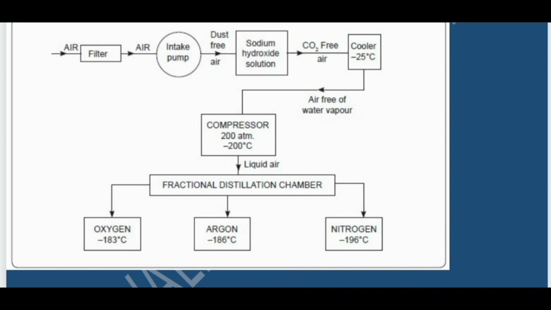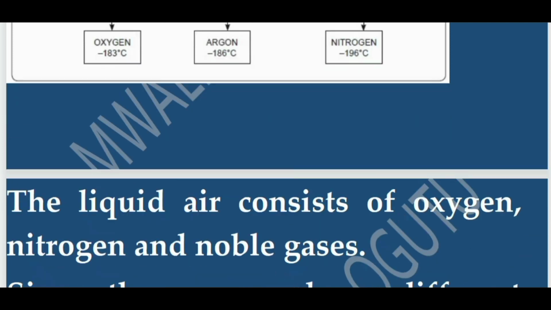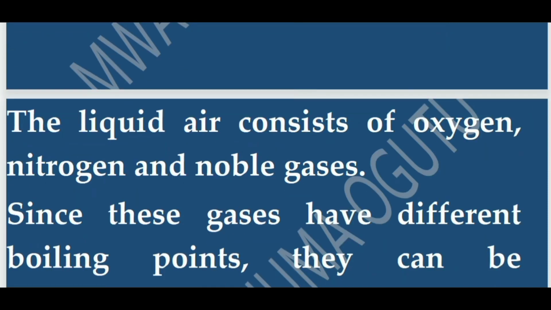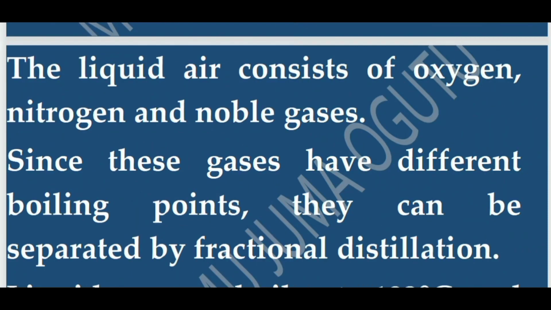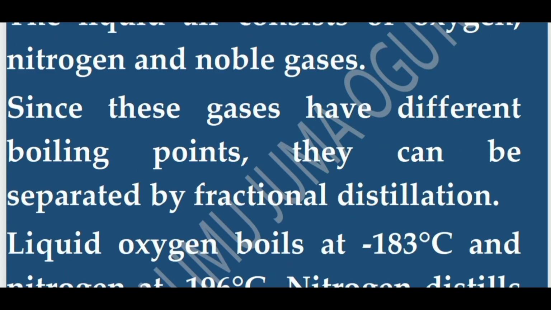We have the second one, which is argon, at negative 183 degrees. Then lastly, we have oxygen at negative 183 degrees. So the liquid air consists of oxygen, nitrogen, and noble gases.